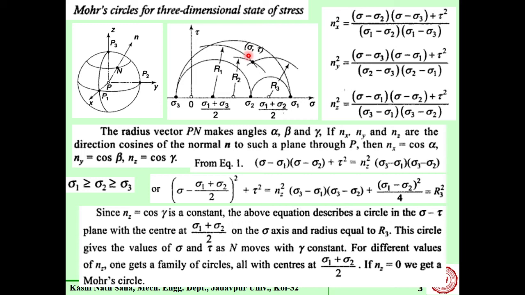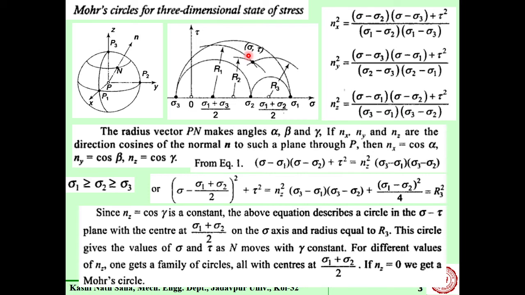Say our question is that the state of stress is given by the principal stresses sigma 1, sigma 2, sigma 3. This is given. Our input quantities are the principal stresses. Then we need to find out in which direction this particular stress, sigma and tau, will be generated.